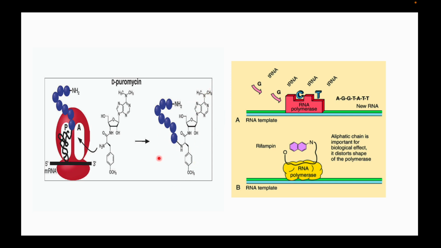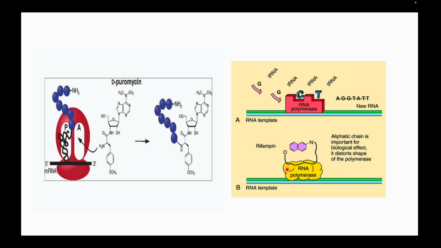Because of this structure, the truncated peptide is released, right? It is released, and we'll have a truncated protein again, right? So what puromycin does, it forms a peptide bond with the carbonyl end of the growing polypeptide chain, and we'll again have a truncated protein.